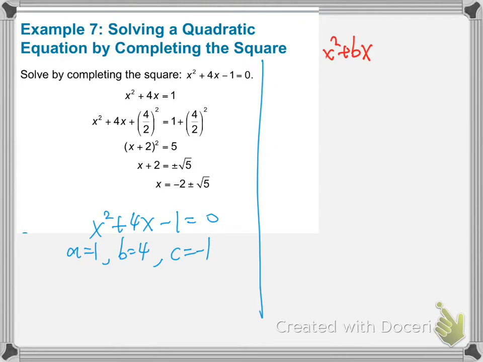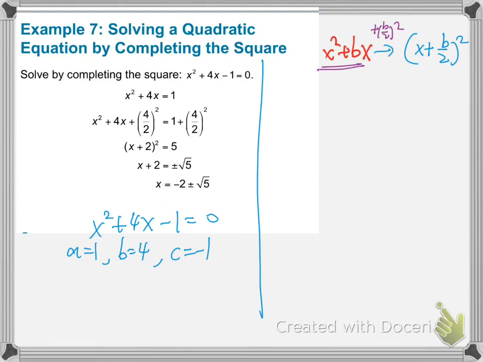Change x squared plus bx to x plus b over 2 squared by adding the constant b over 2 squared. So first we have to get x squared plus bx alone.